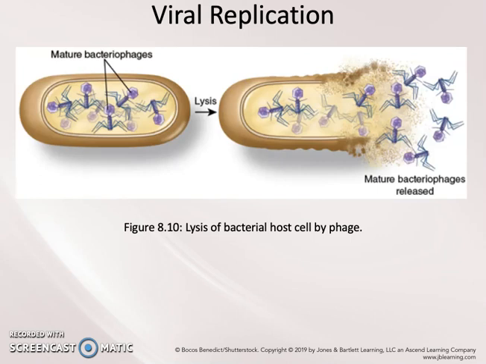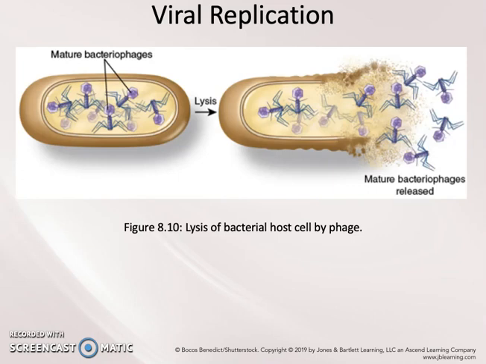This definitely kills the host cell, and the released bacteriophage viral particles can then go on to infect other host cells. This can also happen with animal viruses as well, but it only happens with animal viruses that are naked and do not need the host cell membrane.